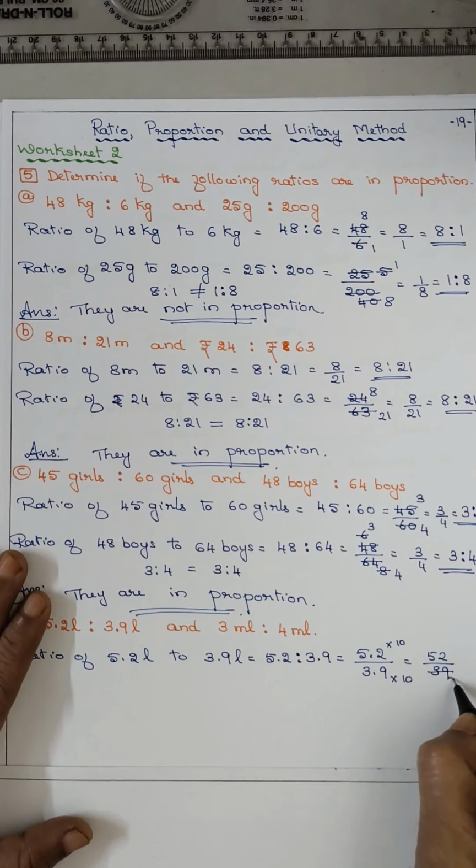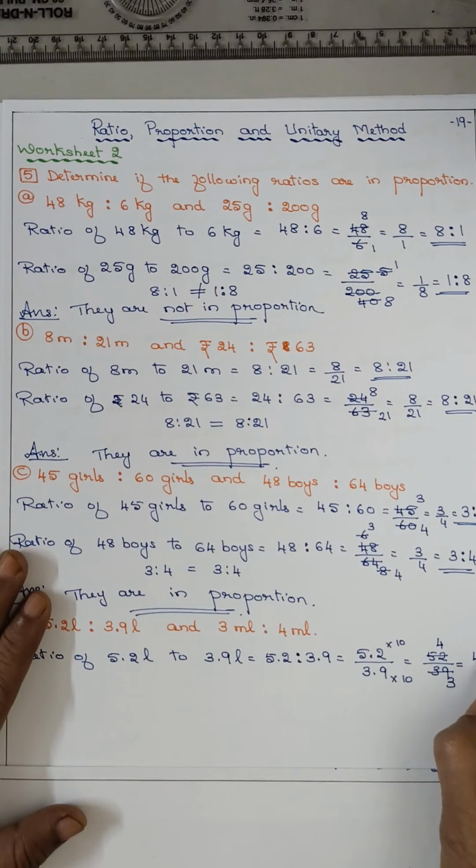So 13 threes are 39, 13 fours are 52. You got 4/3, so you got 4:3.